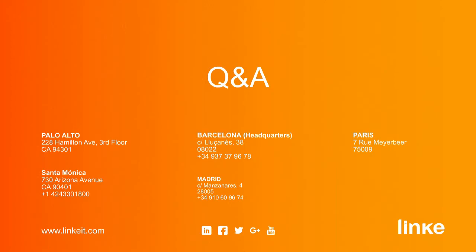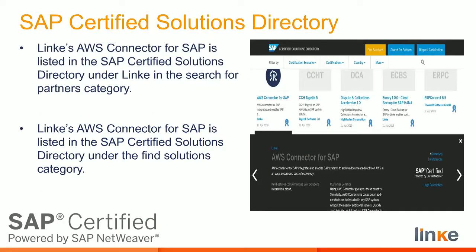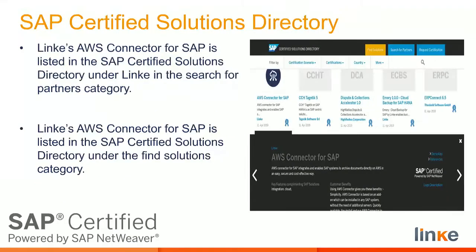Let me repeat that the AWS Connector is available in the AWS solution space, and it's available for AWS credits, so you can consult our offer available for customers. It's also available from the SAP Solutions directory. The product has been certified, so you can also find information in the SAP Solution directory.